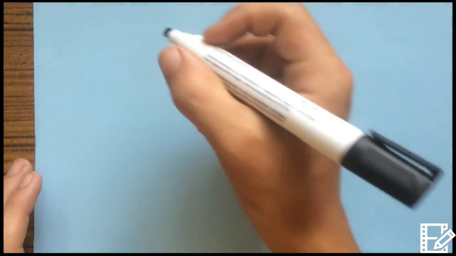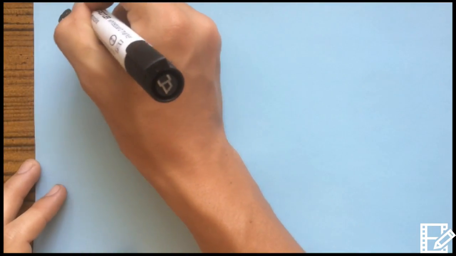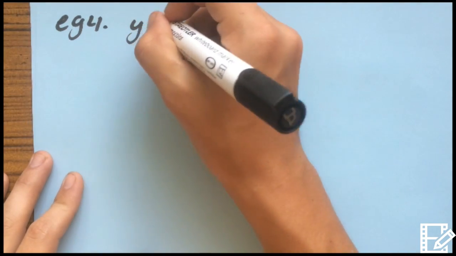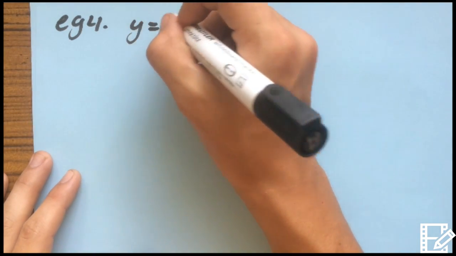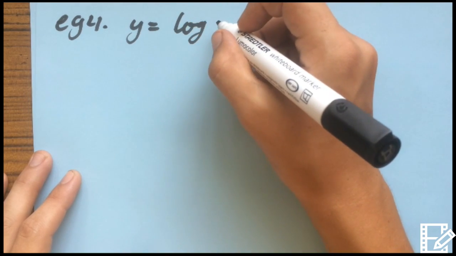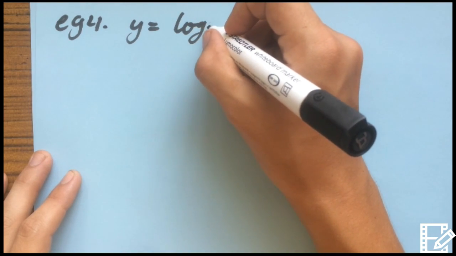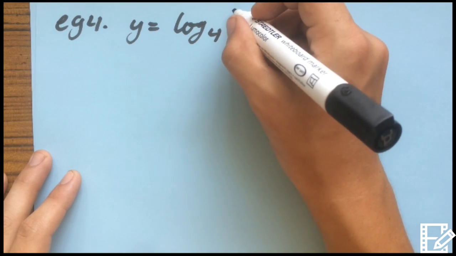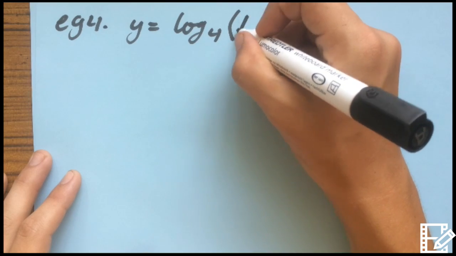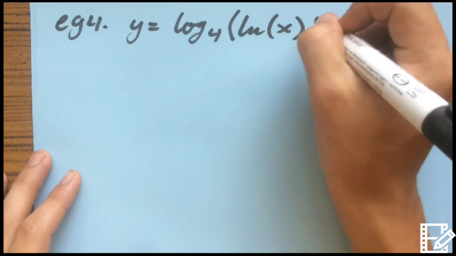And for our last example, let's say we have log to the base of 4 of ln x.